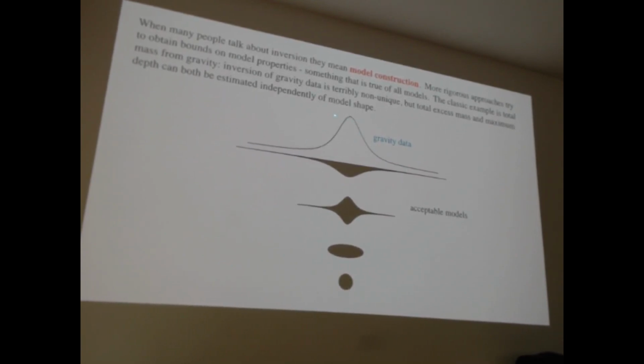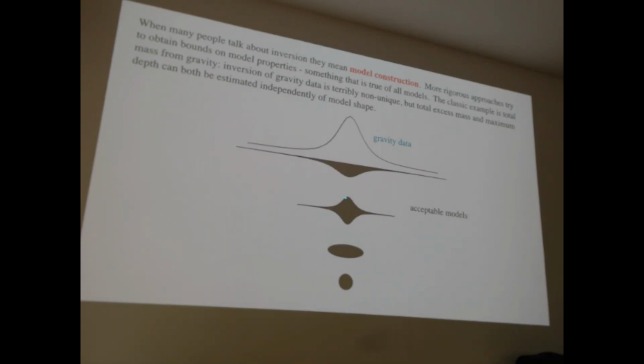This is a gravity profile. A given gravity profile can be fit by any number of models at all sorts of depths until you get to a maximum depth. And so this is model construction. And in an ideal world, you try and find some unique property of the model. And in gravity, you have that.